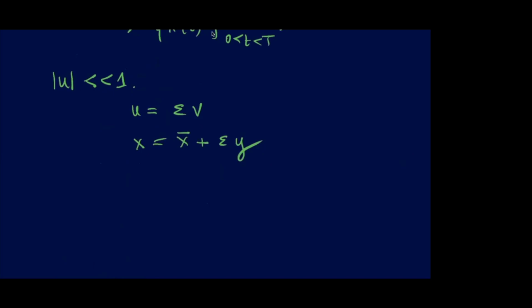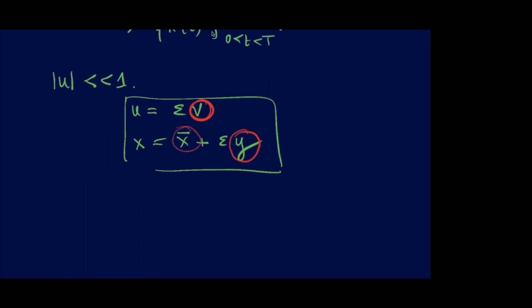And then how are the v, the control you are implementing in a small dose, and the y, the variation of the trajectory you will get out of the reference trajectory x bar, going to be related?